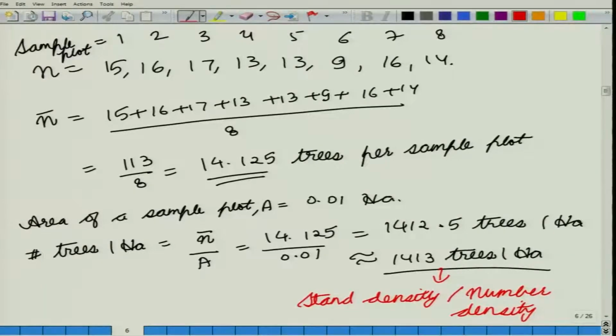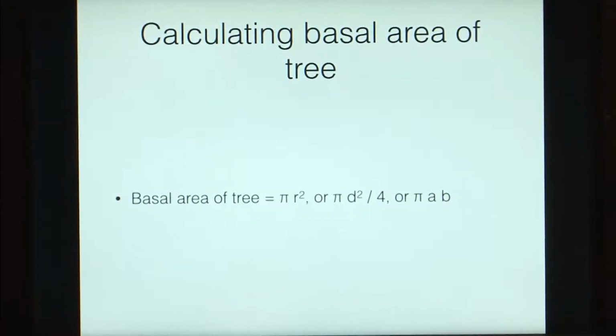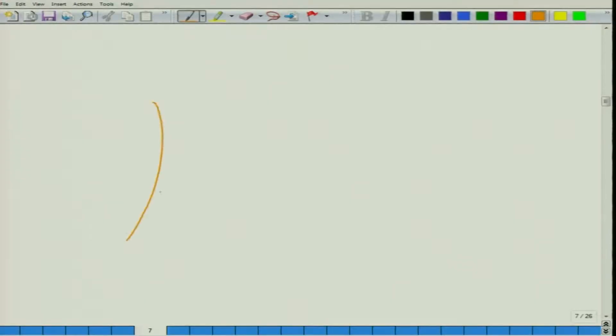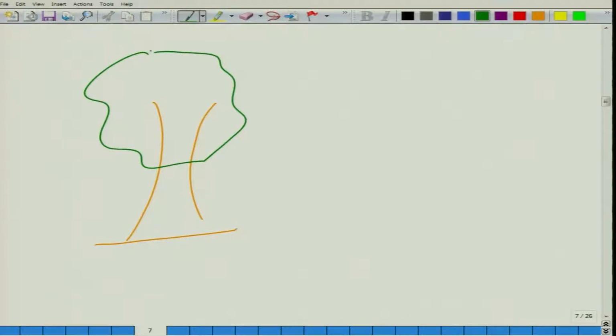Now, how do we calculate the basal area of a tree? Coming back to the slides, if we consider a tree to have a circular cross section, you take a sample here and it is circular. So, this is its diameter.